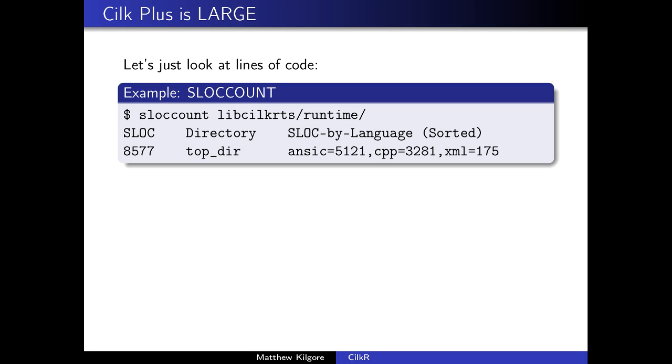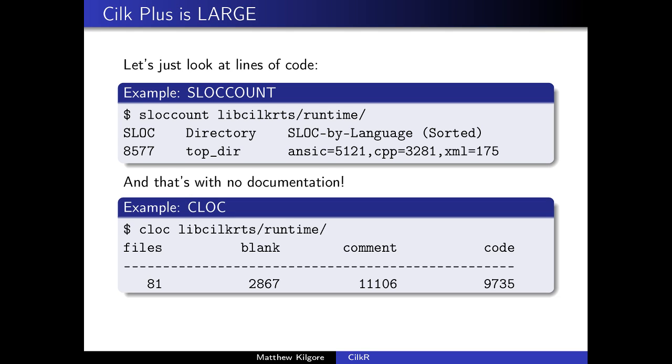Also some random XML, no real idea where that is. But that's with no documentation, and that's still already quite large. To see how it looked with documentation, we ran CLOC on it and we got 11,000 comments. That's more than there is code.